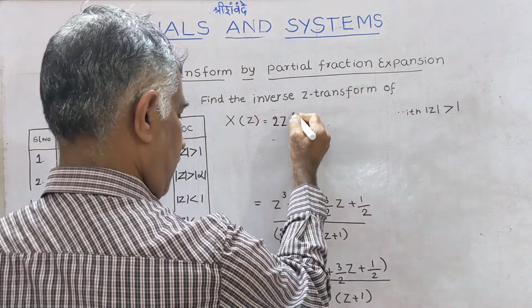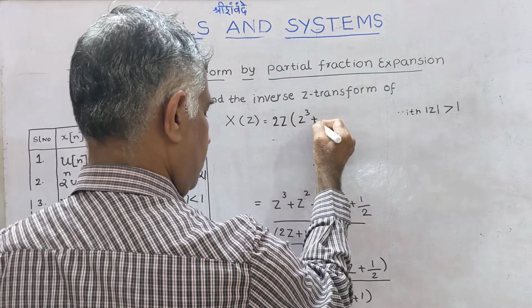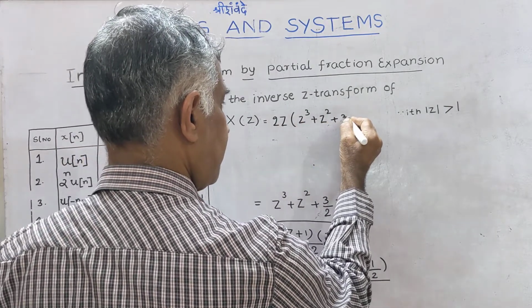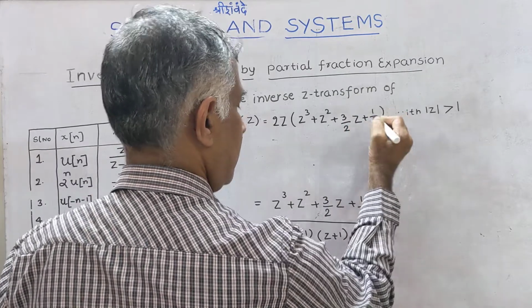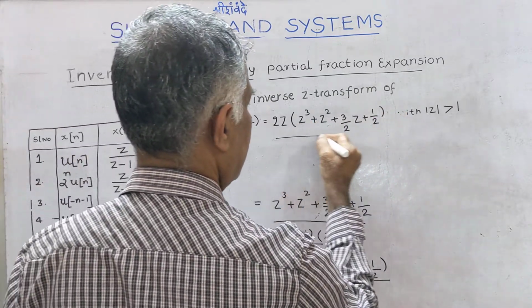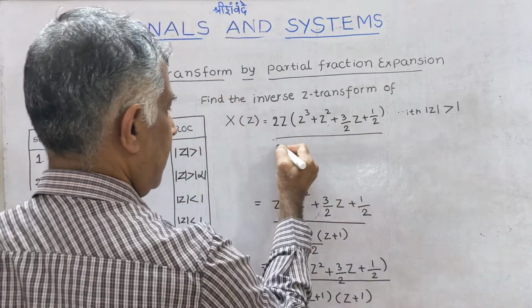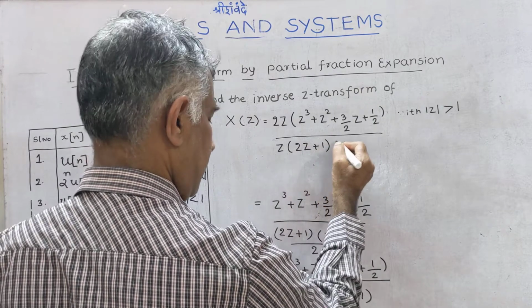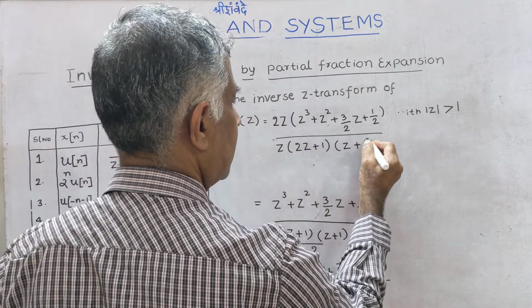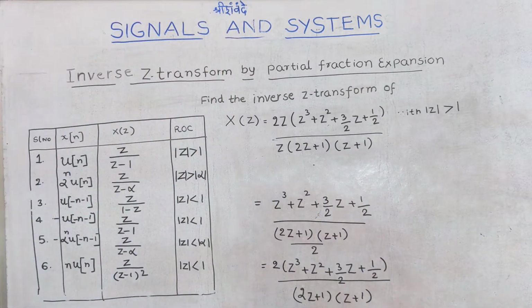So 2z into (z cube plus z square plus 3 by 2 z plus half) divided by z into (2z plus 1) into (z plus 1).